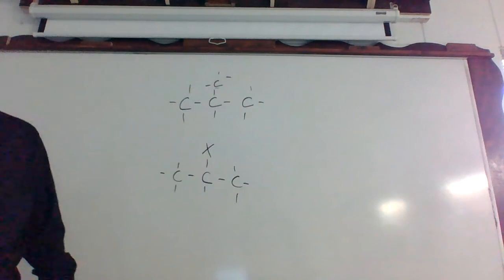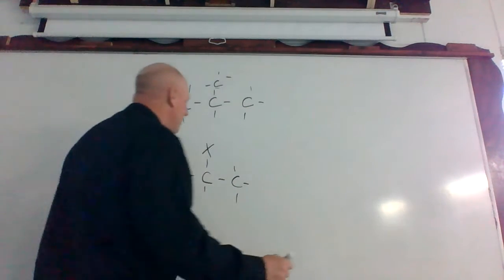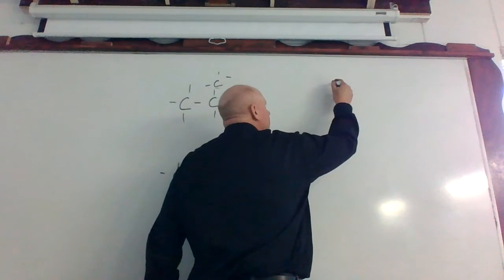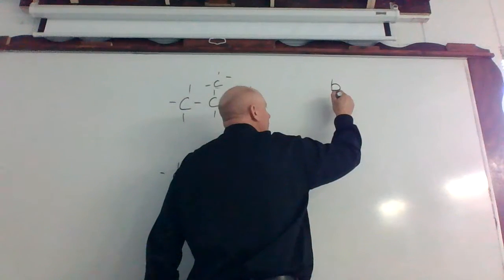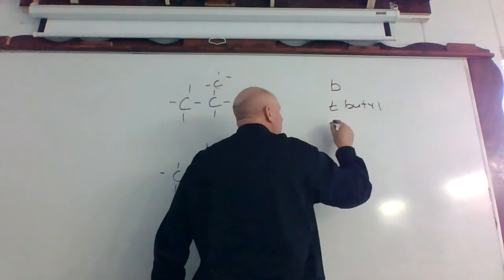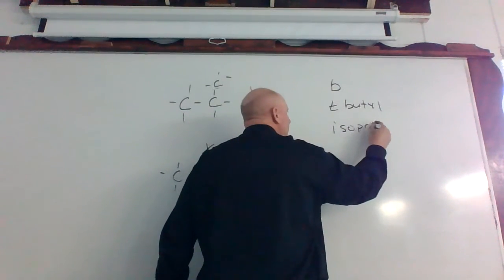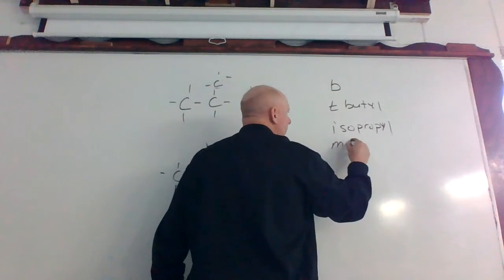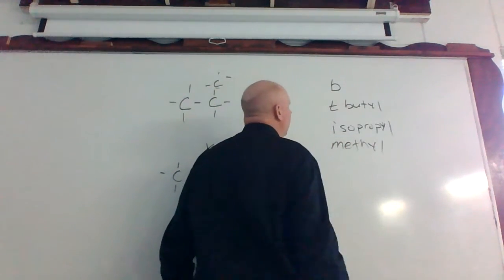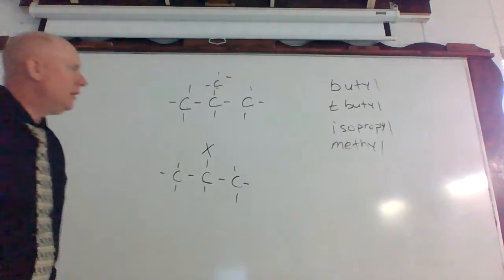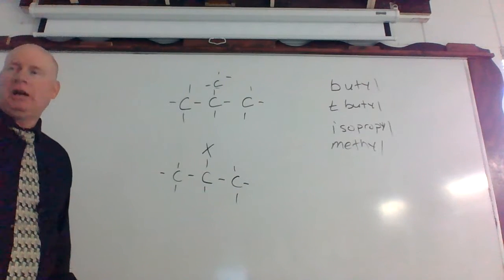All of it. But anyway, what we see happening is, if we see a butyl group, a T-butyl group, an isopropyl group, then a methyl group, we need to place them in alphabetical order.